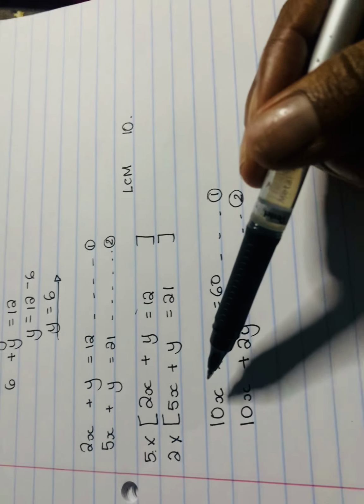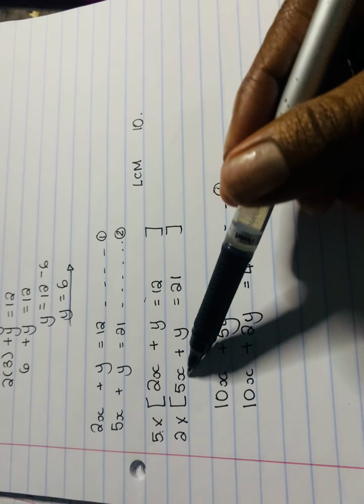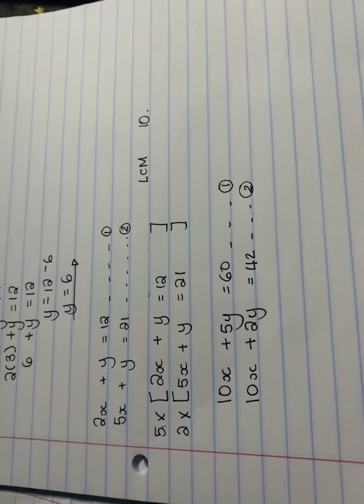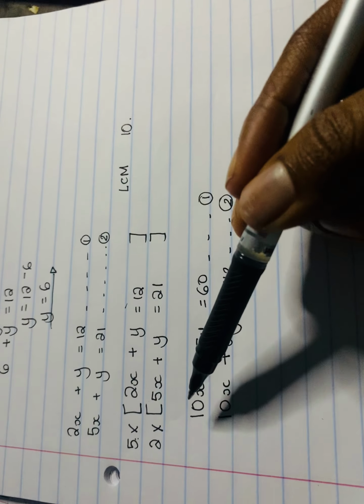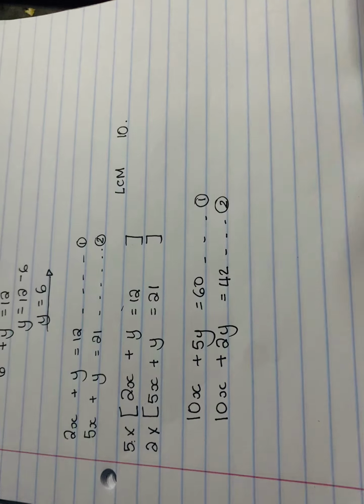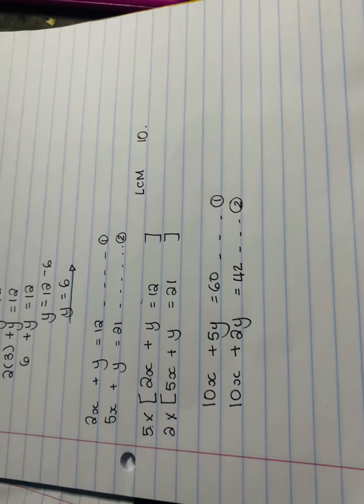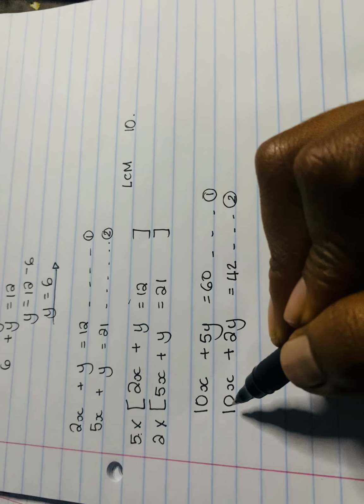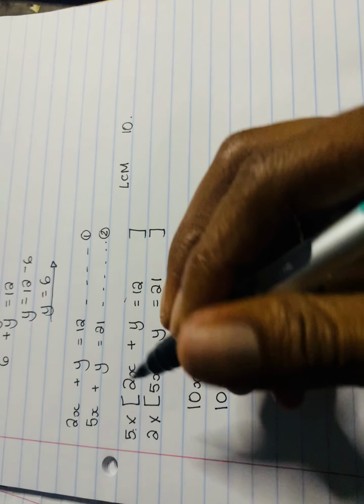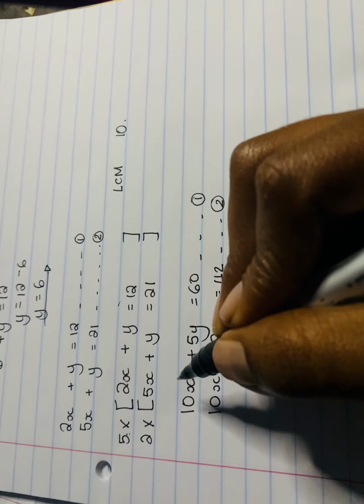Now looking at our equations, do you see we can actually get rid of this term by subtracting? We can say 10 minus 10, then it gives us 0. So now we'll be left with the y's to look at. Since 10 minus 10 gives 0, we need to subtract the equations.